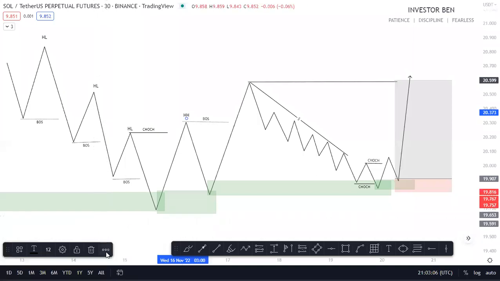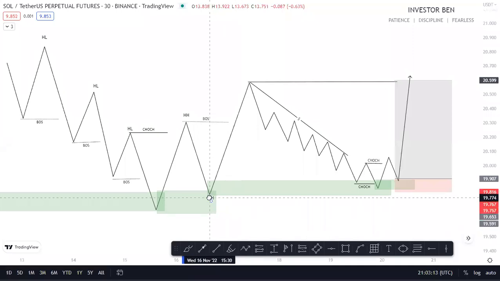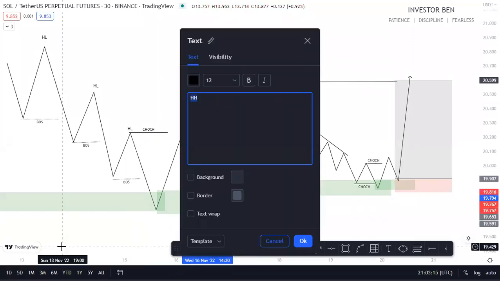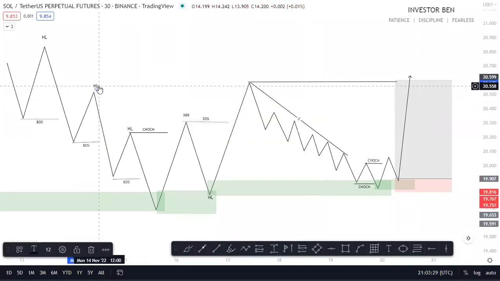Yeah, so just some little things to show you. Let me stop here. Sorry, these ones are lower highs. So these are lower highs, right?